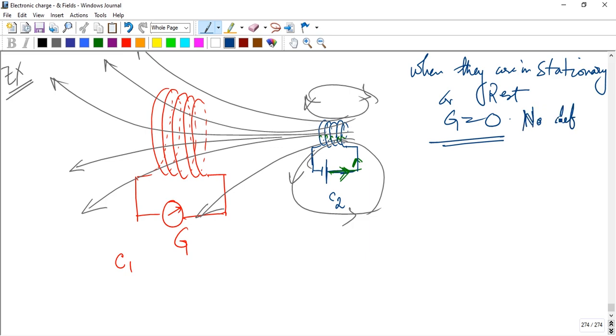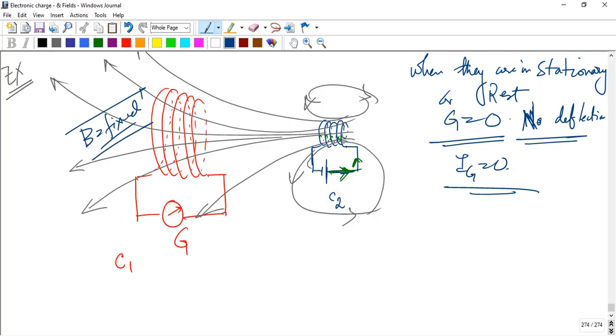Okay, that means no current here, because B is fixed here, not varying.